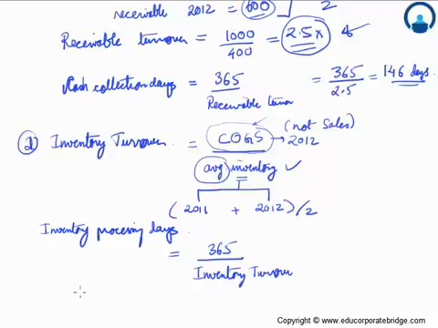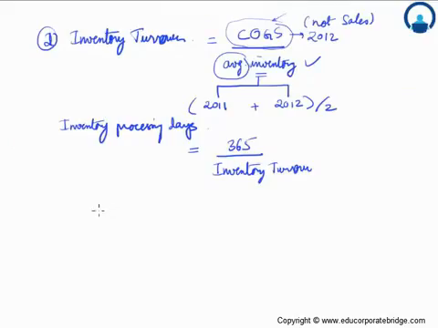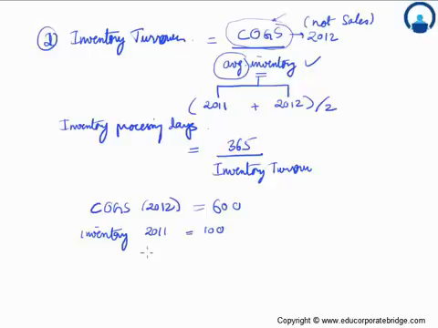So let's take an example and see how this works. Let's assume that your cost of goods sold during the year of 2012 was 600, and your inventory for 2011 was 100, and for 2012 let's assume it was 300. So your average inventory comes out to be 100 plus 300 divided by 2, that is equal to 200.